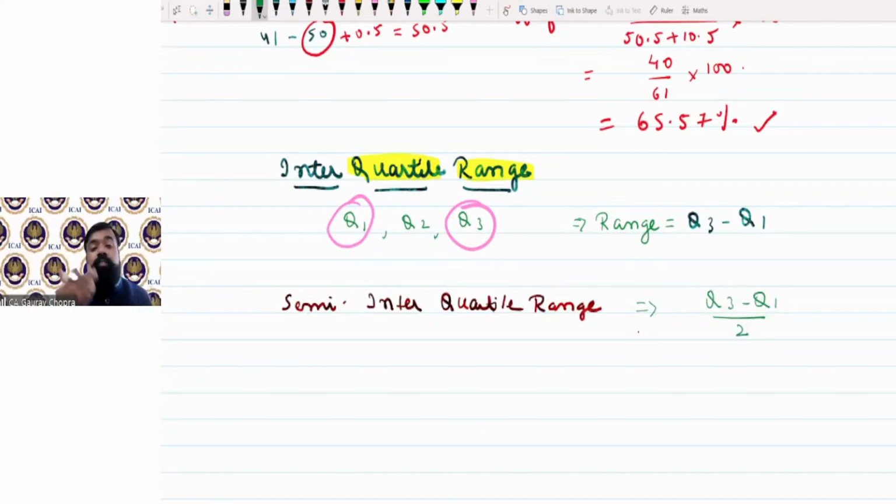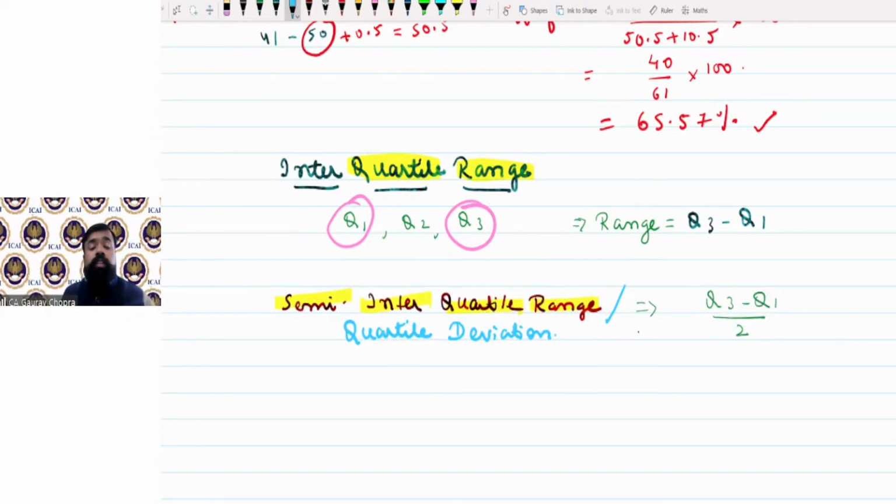Just divide by 2, and it becomes the semi-interquartile range. This is commonly known as quartile deviation. So from range, we can reach quartile deviation.